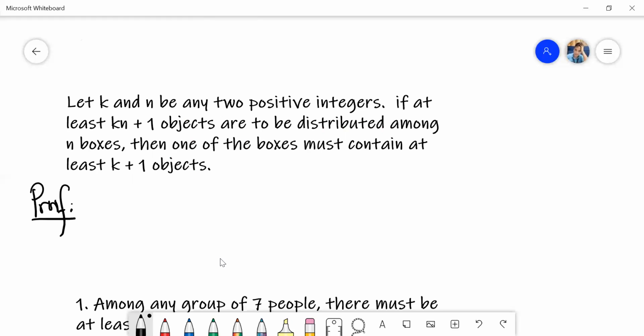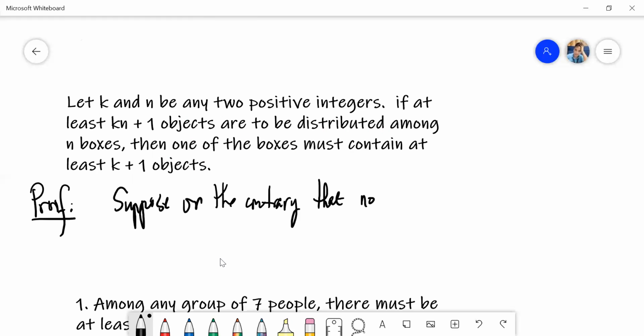Let's say, suppose on the contrary that no boxes. So we will show this by contrapositive. So suppose on the contrary that no boxes contain k plus 1 or more objects. Sorry for my penmanship.